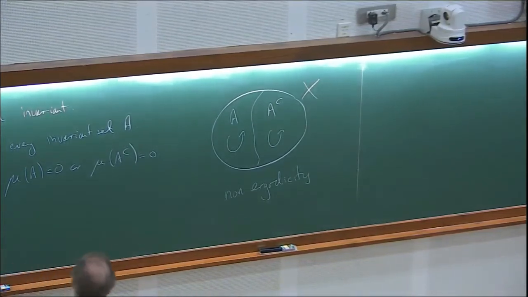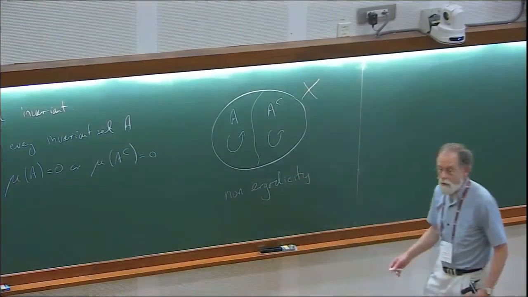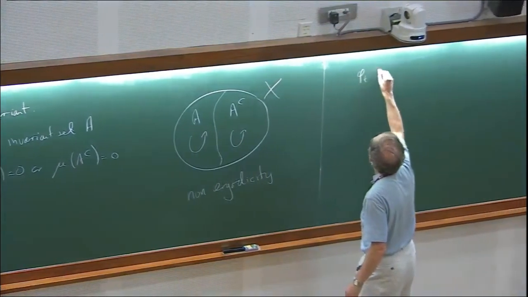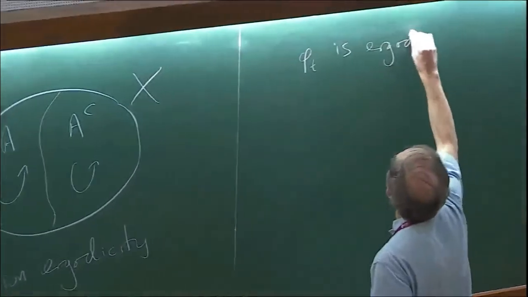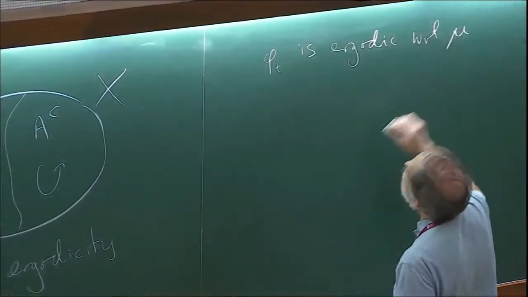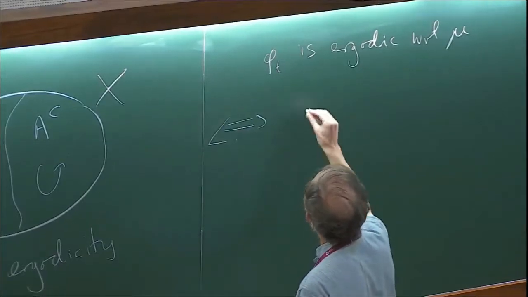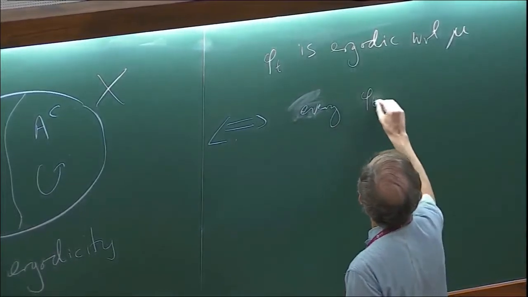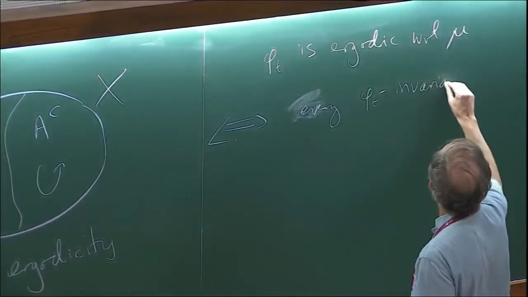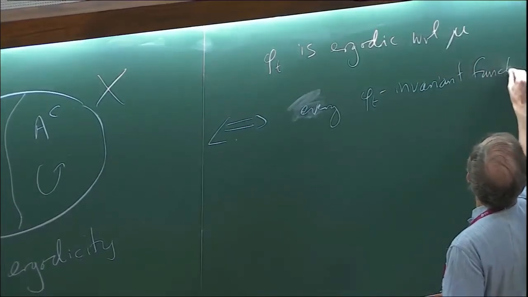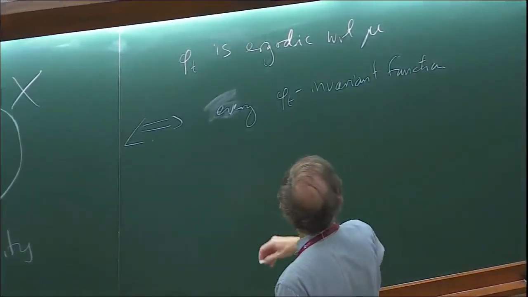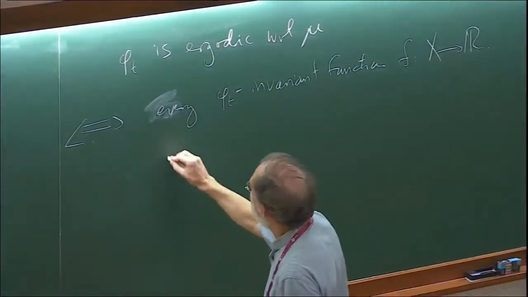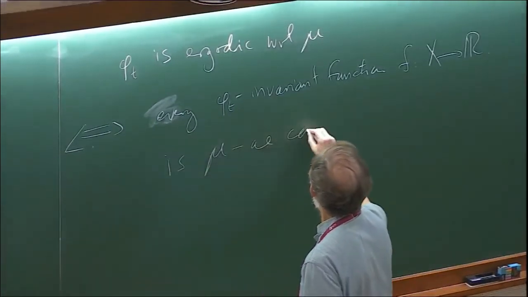Oh, and there is another way of formulating ergodicity. Our flow is ergodic with respect to mu, that is equivalent to saying every invariant function f from X to R is mu almost everywhere constant.